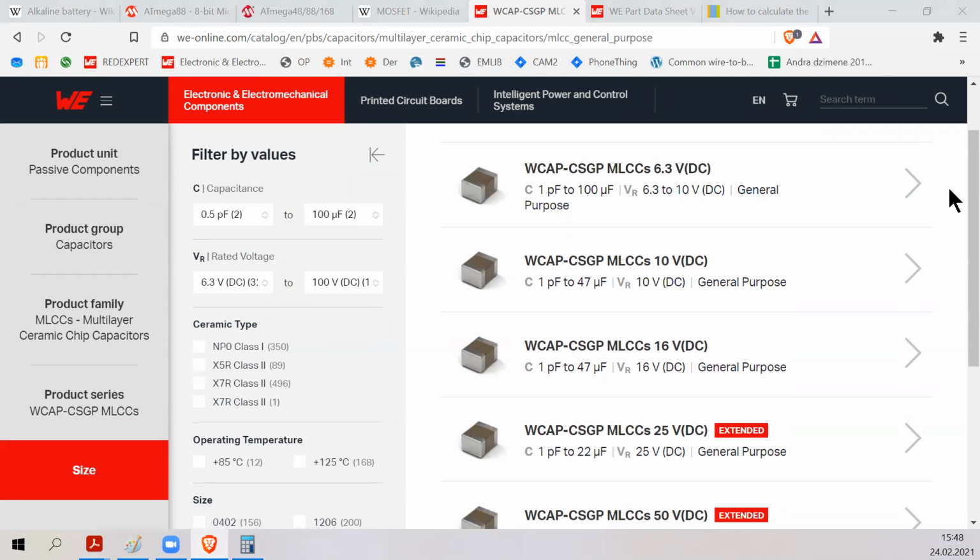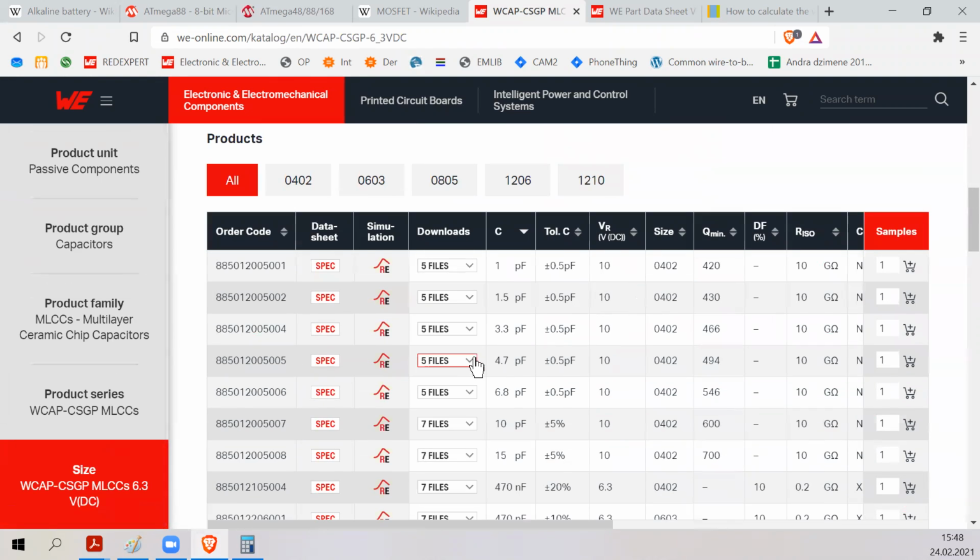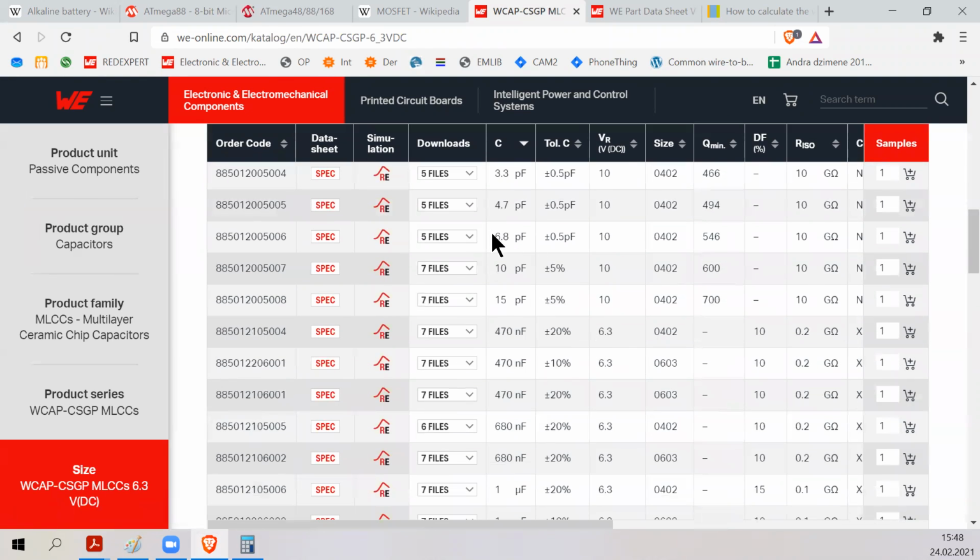And let's check out this. And here we can see that the capacitance is, for example, 6.8, 10, and 15. You don't really have 14 picofarad. You can only select between 10 and 15, and 10 was kind of the closest one.